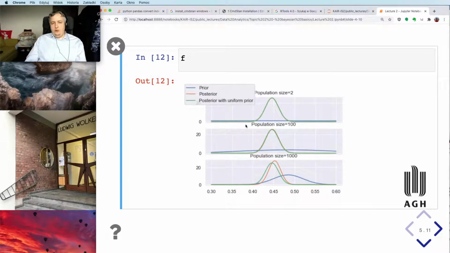A uniform prior, or almost uniform, will be almost flat and will not introduce much change. The bigger the population, the more confidence we have in that representation of probabilities, and because of that, our posterior will be more and more drifting towards the prior, because prior knowledge is also an important aspect of our analysis.